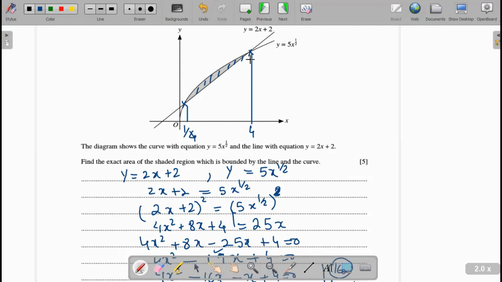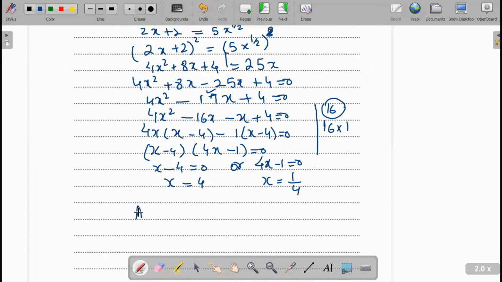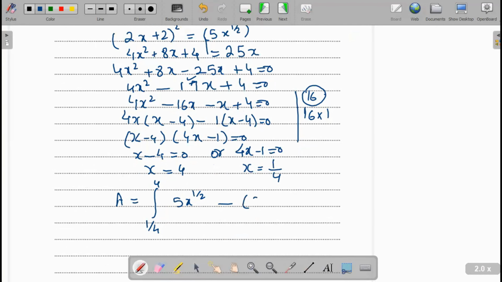To find the area between two curves, we use this formula: area equals the integral from a to b of f1(x) minus f2(x). Here there are two functions, one is the curve and the other is the line. So area will be equal to the integral from 1 over 4 to 4 of the curve, 5x^(1/2), minus the line, 2x plus 2, dx.